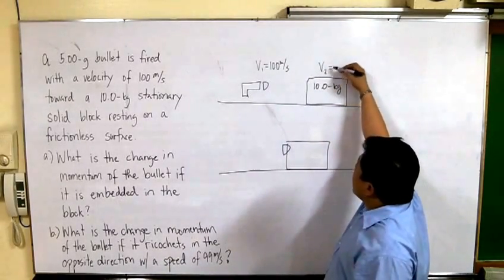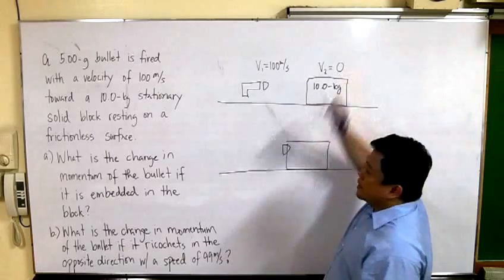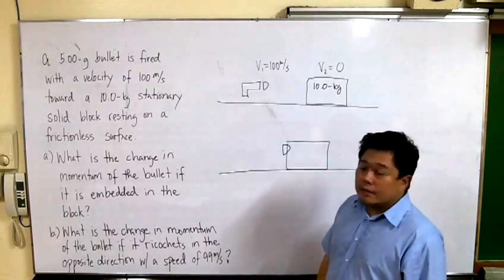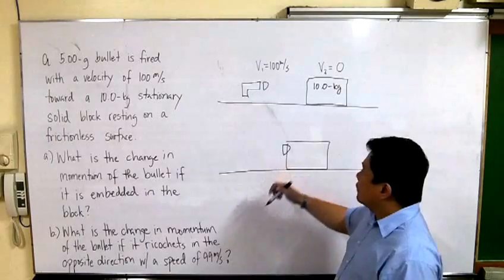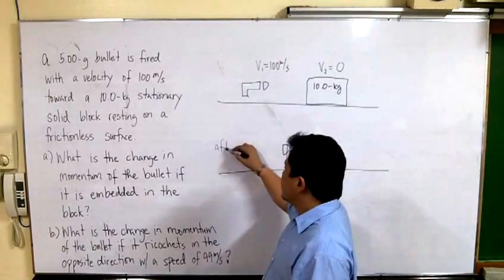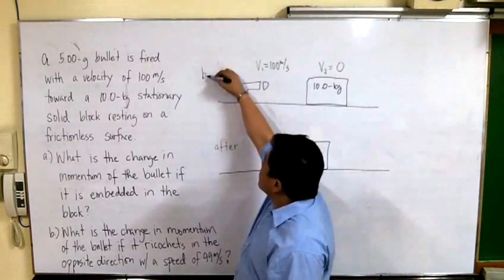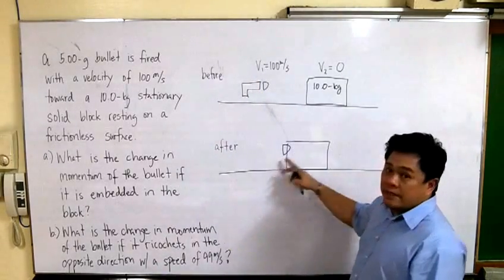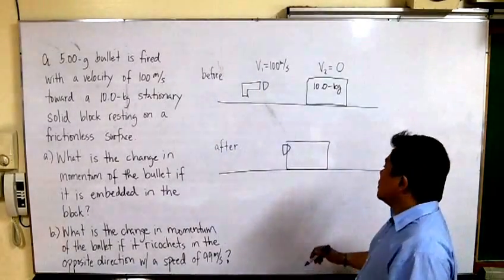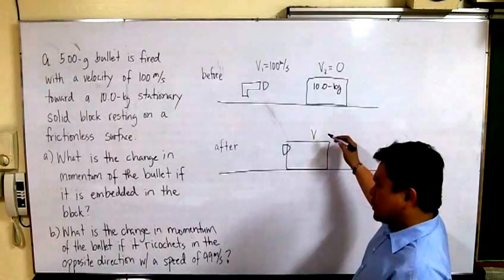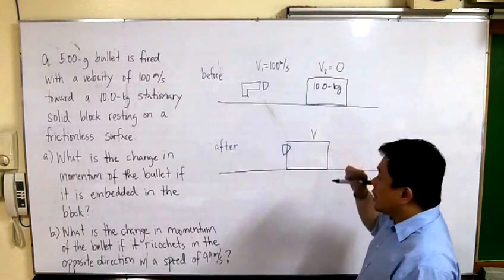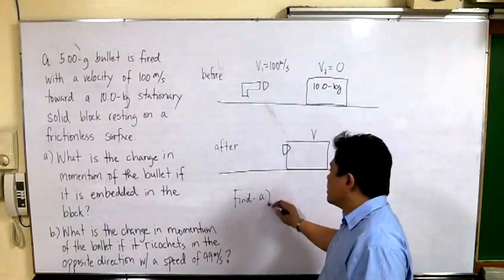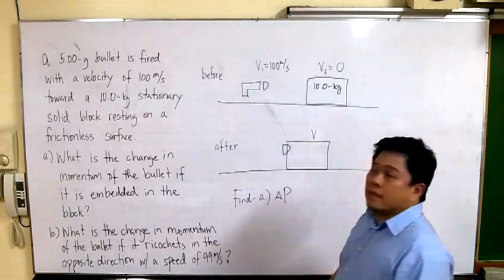The 10-kilogram block is at rest, so V sub 2 is equal to 0. After collision, the bullet is embedded on the block. So we would like to know, in letter A, the change in momentum.